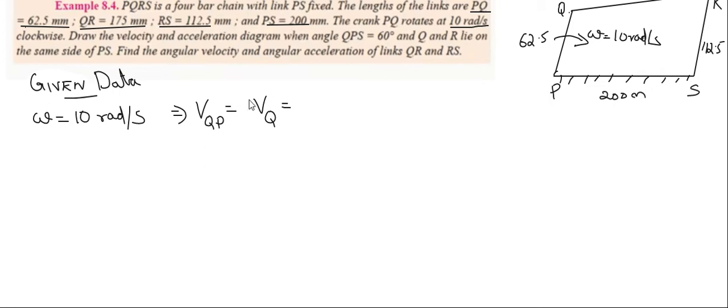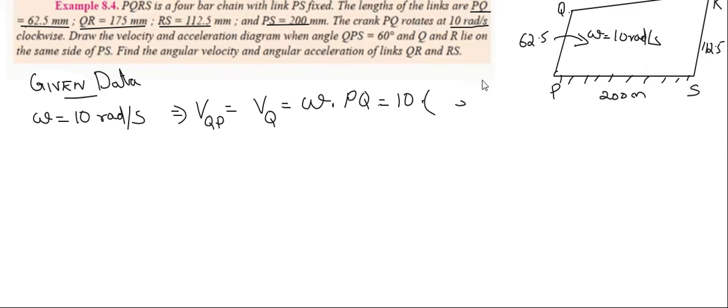So VQ is equal to, we know V is equal to omega times R, so omega times length of the link PQ. So that will be 10 times length of link is 62.5 mm. Mm should be converted into meters. So instead of writing 62.5, you can write in meters directly.